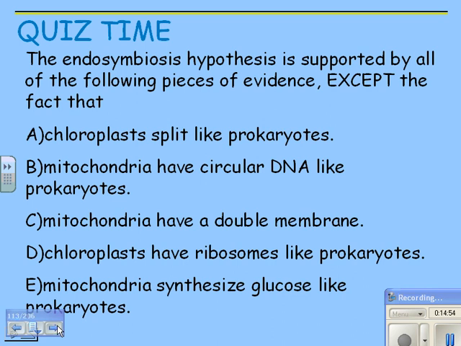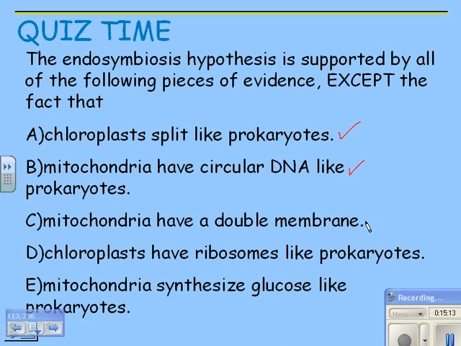The endosymbiosis hypothesis is supported by all of the following pieces of evidence, except the fact that... Okay, the mitochondria and the chloroplasts were both endosymbiotic, right? Chloroplasts split like prokaryotes, that's true. Mitochondria have circular DNA like prokaryotes, that's true.